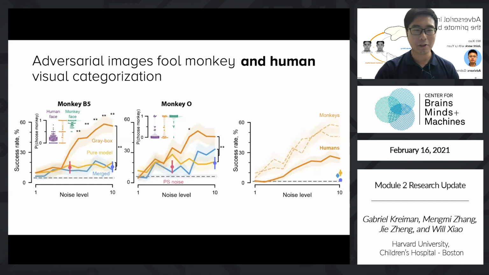One important thing that I forgot to mention is that both monkeys and humans had a full second to examine the images. So the viewing time is practically unlimited. And it's interesting that gray box images were more effective than the other methods, even on humans, although the overall success rate is lower than the success on monkeys.